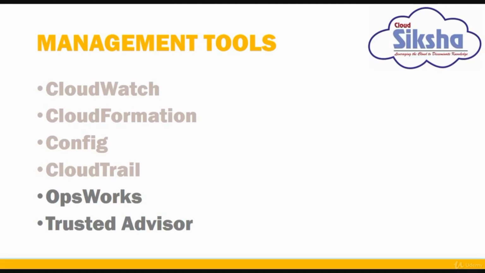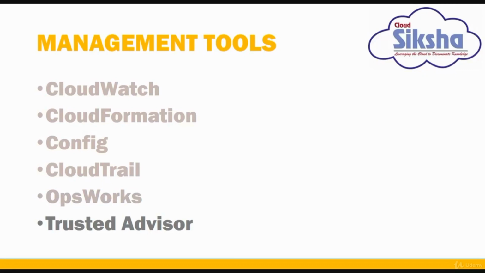Chef is used to automate how your servers are configured, how the servers are deployed, and how the servers are managed across various EC2 instances or even your on-premise compute environments.